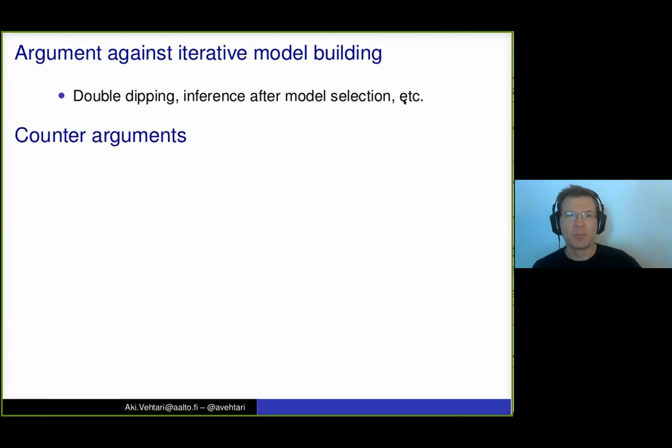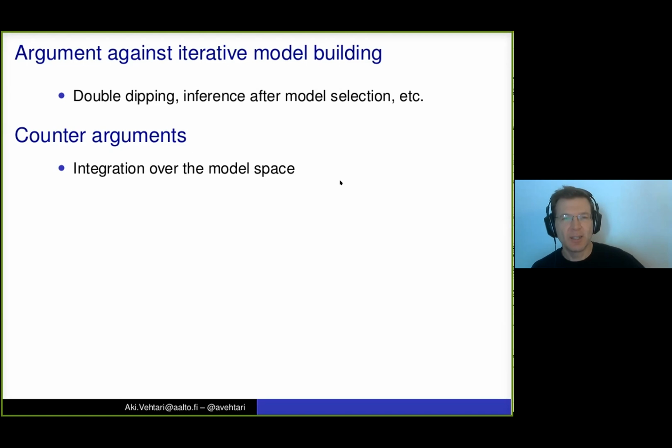But then the good thing is that we also know why this iterative model building can, however, be safe. One is that we know that if we have many models, then the correct true way to handle many models would be to integrate over the model space and average over all.